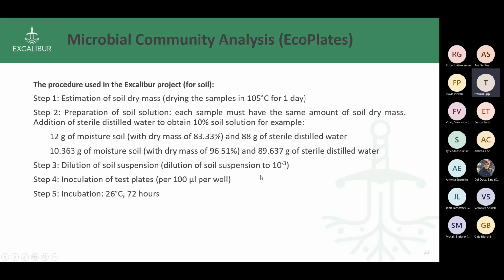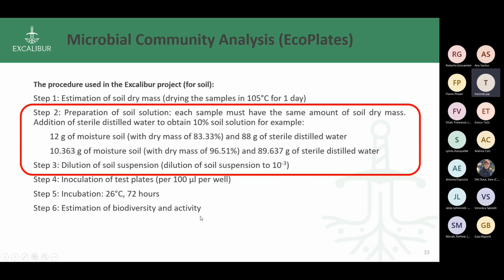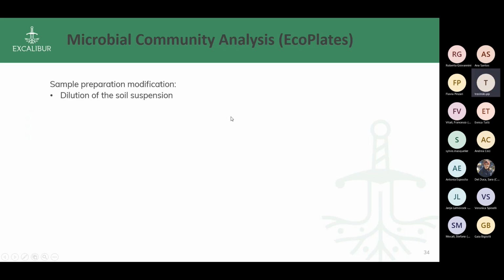In Excalibur, we incubated the plates for 72 hours at 26 degrees, but of course you can use another temperature and another incubation time. Then comes estimation of biodiversity and activity, which I will show later, and we can modify these steps.